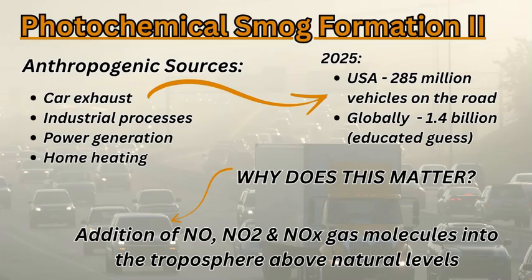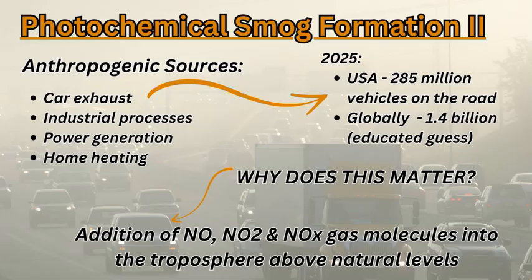However, when you add in any human activities into this formula, into the atmospheric composition, where human activities are producing vast amounts of excess nitrogen dioxide, nitric oxide, and nitrogen oxides, which is NOx, which means there's multiple oxygens in a chemical formula.